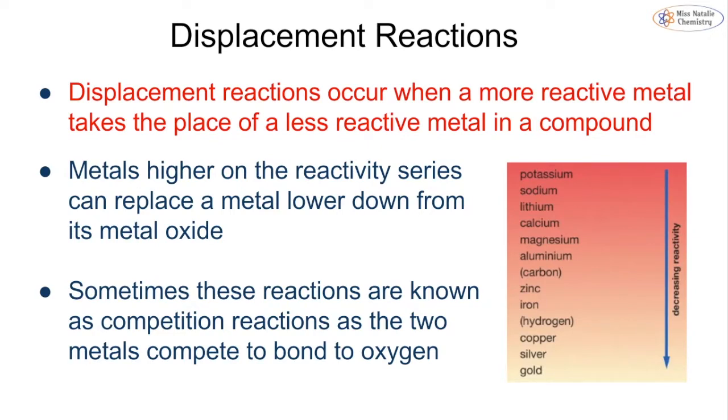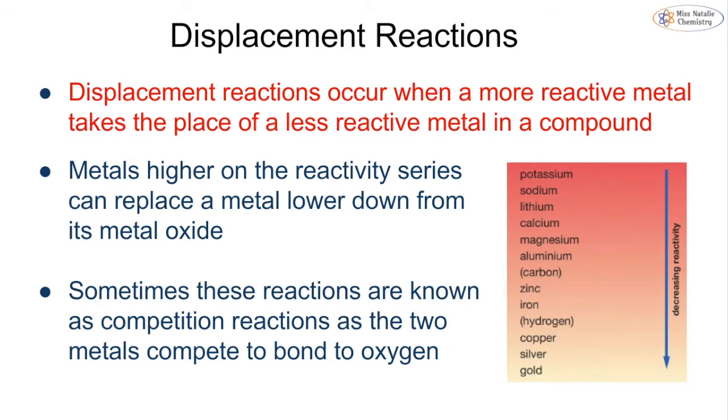Now, we can take what we've seen with displacement reactions previously in the Group 7 topic and apply it to metals. So previously we said that a displacement reaction is when a more reactive halogen took the place of a less reactive halogen in Group 7. Now, here the process is the same, but we simply have swapped out the word halogen for metal.